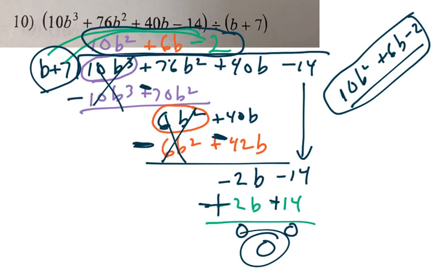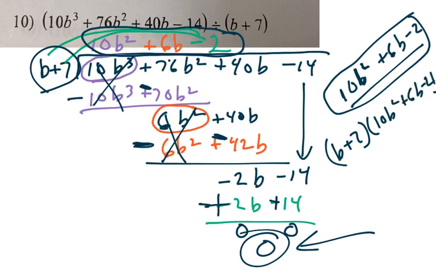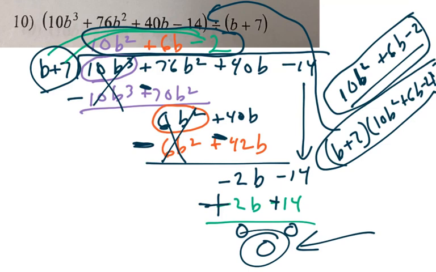Okay? So whenever you get a remainder of 0 there, guys, you know you have a perfect factor. Try to remember that. So in other words, guys, I know that b plus 7 times 10b squared plus 6b minus 2, if I multiply that out using distributive property, I would get what we started with right there. Okay? So pause the video again if you need to.